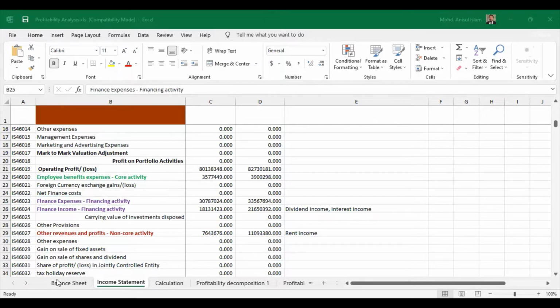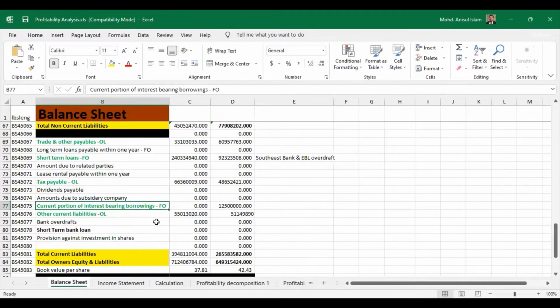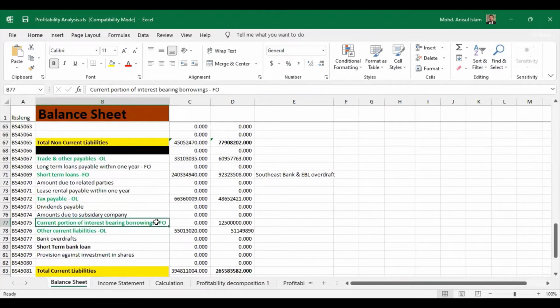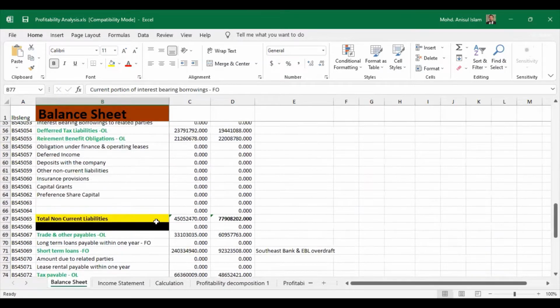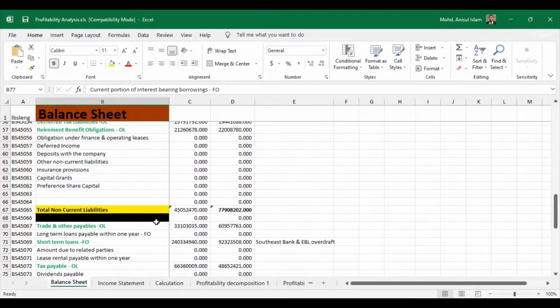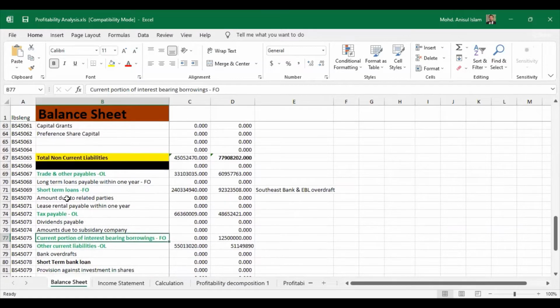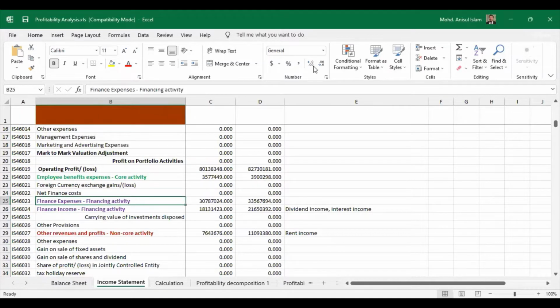Then there was another financial obligation. Can you recall? One is interest-bearing borrowings. Another one is short-term loan. So for these financial obligations, this company incurs financial expenses.